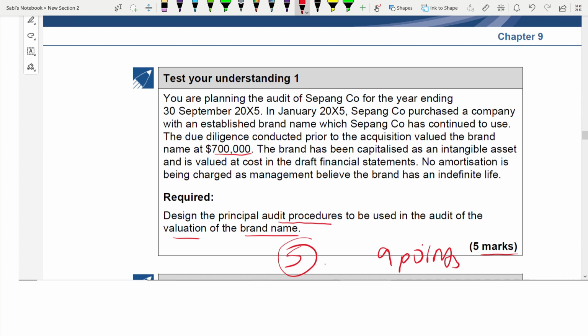So I will write very briefly. I will list down the audit procedures for the brand name because I want to show you how to write audit procedures. There's a way to write audit procedures. We went through it also, the 4 steps.